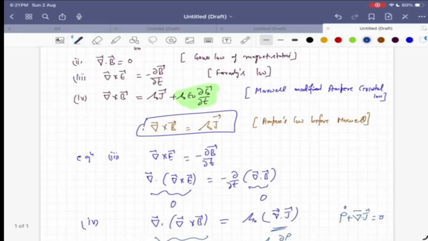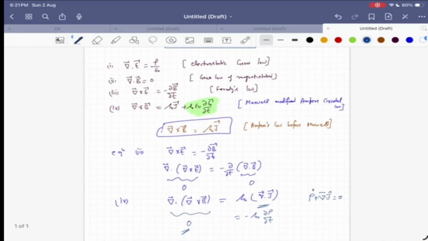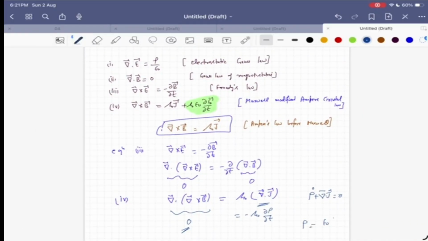And rho is from the first Maxwell's equation, rho is equal to epsilon naught del dot E. So if we put that here, this is actually not exactly 0.